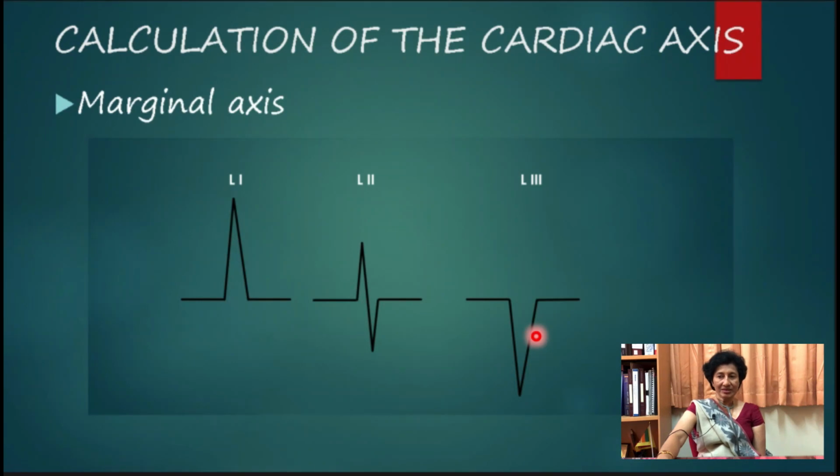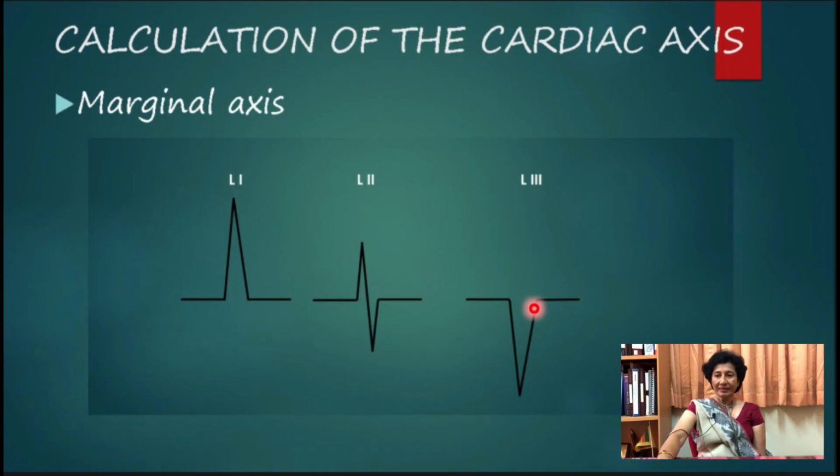Similarly, in the presence of an isoelectric complex in lead 2, if lead 1 and lead 3 show a reach-in pattern, that means the patient has marginal right axis deviation. But remember that the cardiac axis is still within the normal limits.